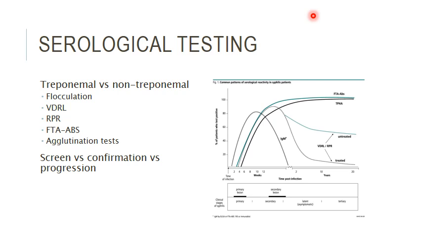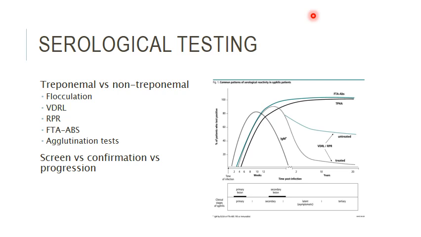The problem with flocculation is because you have to see this precipitate directly, and it's very difficult to do. Now you'll titer it out so that you can get it over a range of concentrations, and you'll end up with pretty high sensitivity to prozone. Okay, remember what prozone is.